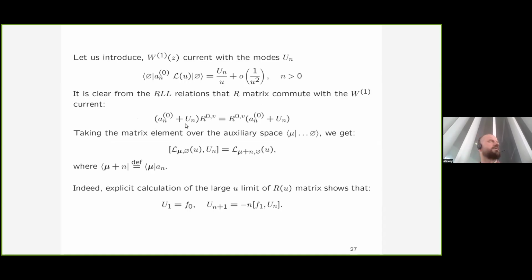Basically, it commutes with the total U1 current. Probably you remember I told you it's called the center of mass. It commutes with the center of mass. It's the same for the ordinary Yangian.